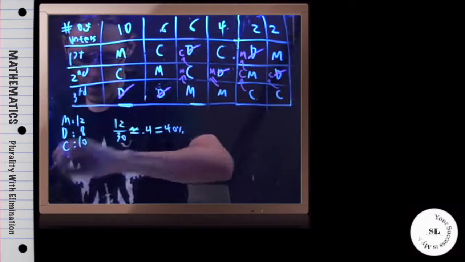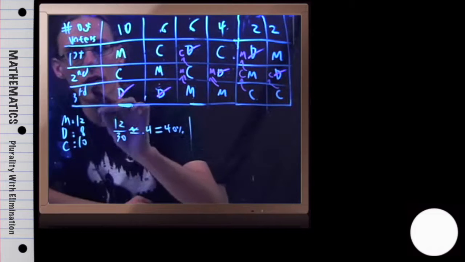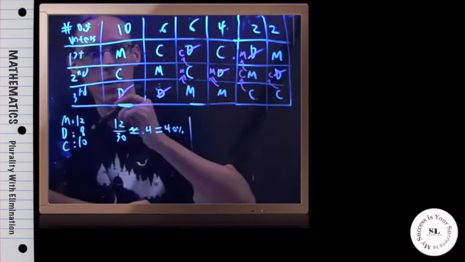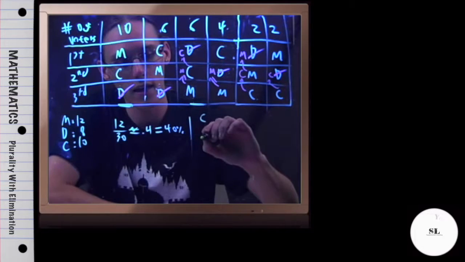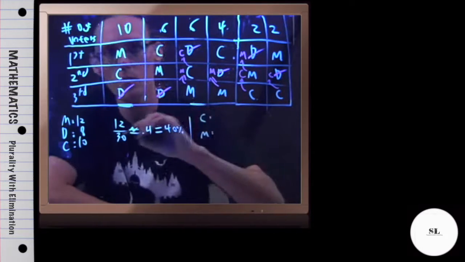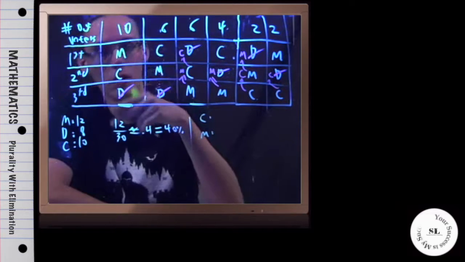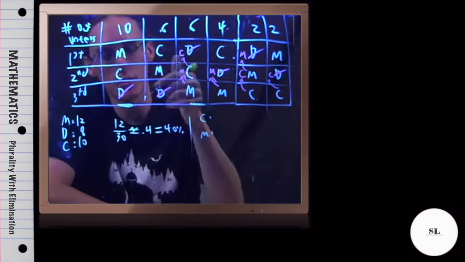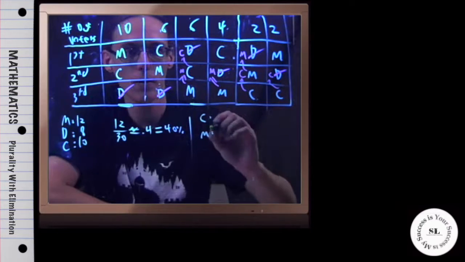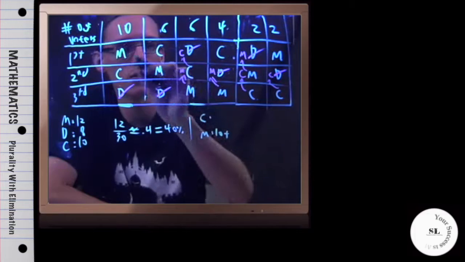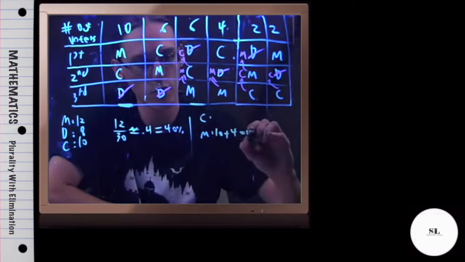Now that we've done that, we just do the same thing again. We look at the first place options and see how many there are. So there's no more dramas, so let's look at comedies and musicals. Okay, and there's only 2 choices now, so whichever one has the plurality is going to win. So for musical, we've got 10 people plus 2 people plus 2 people, so that's 14.